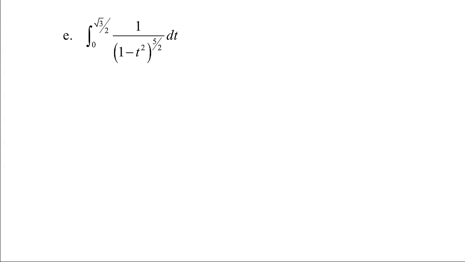So let's let t be, let's see, I have 1 minus a variable squared, so I will want to do that variable as sine. And it's just a 1, so I don't need to add any coefficient multipliers. So dt is cosine theta d theta. Now here's where you need to pay attention to my bounds.